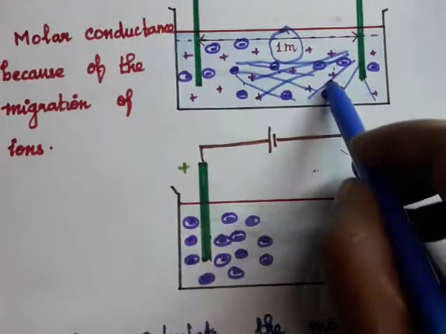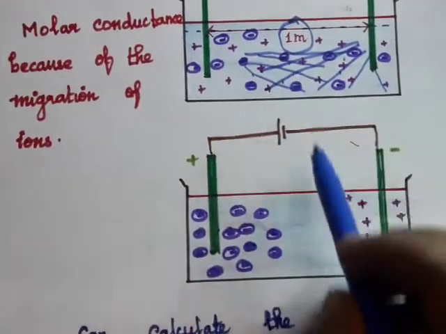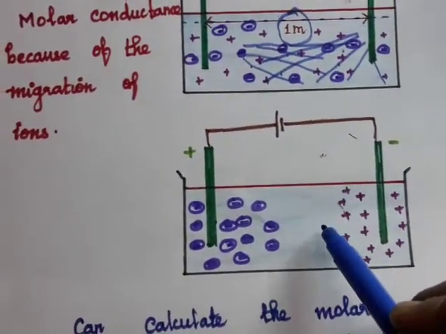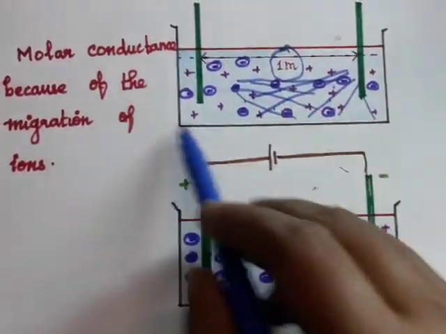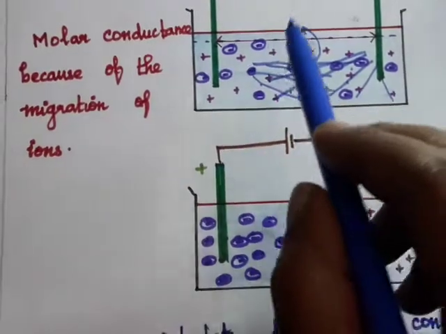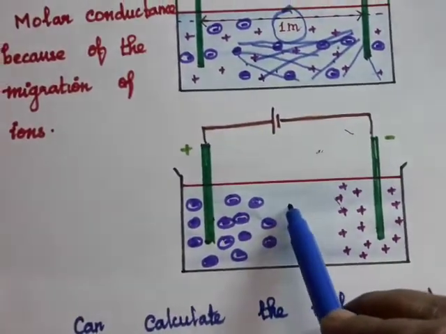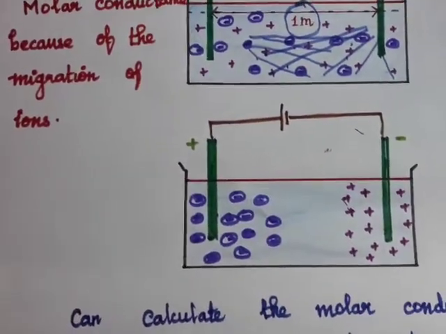Because of this independent migration of the ions, they have their molar conductance. So the molar conductance of the whole electrolyte depends on the molar conductance of the ions present in it.